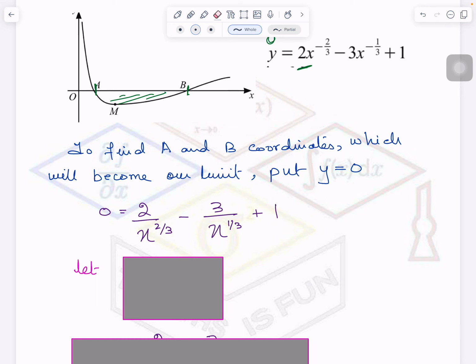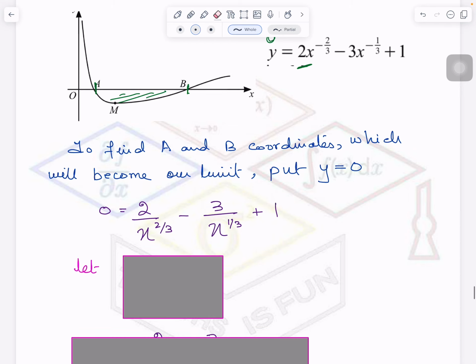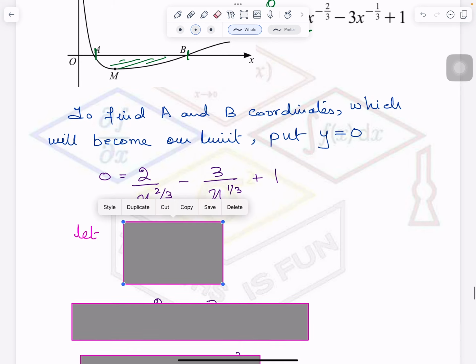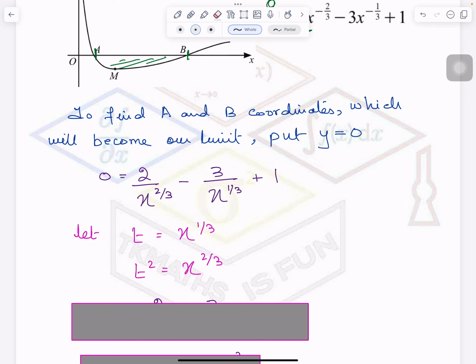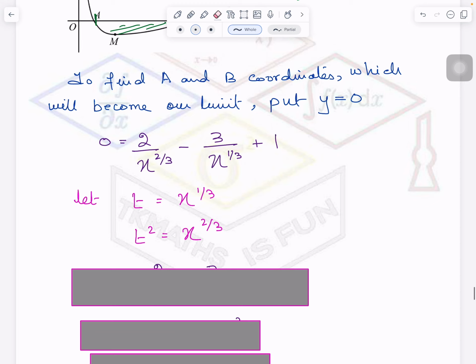So you must recall that the only way to solve such an equation is substitution. So I am saying let t equal x^(1/3), and when I square both sides, I will get t squared equals x^(2/3). So I will substitute here, it will become a quadratic equation, and I will solve it.